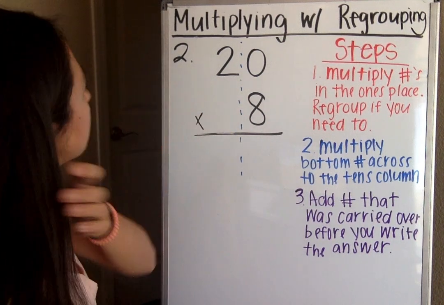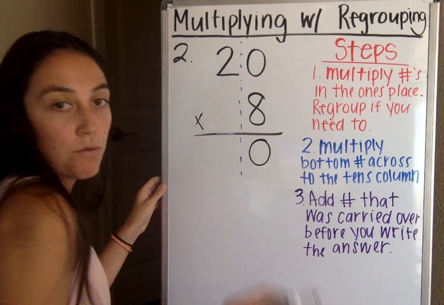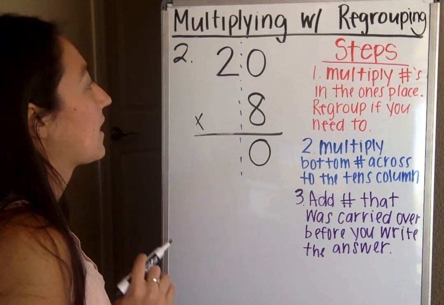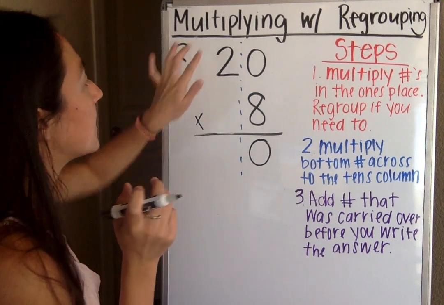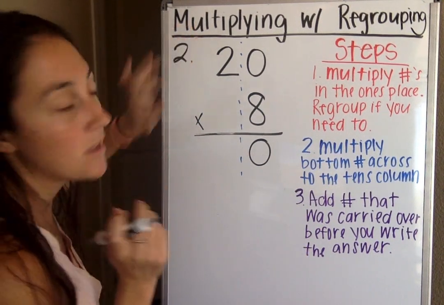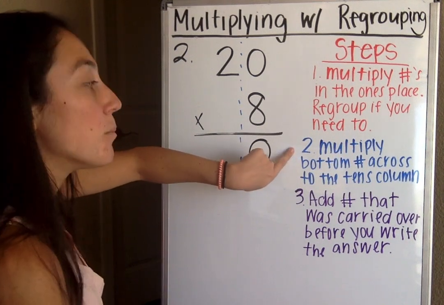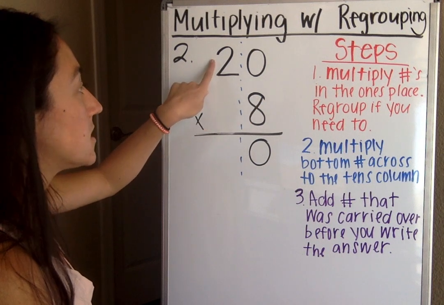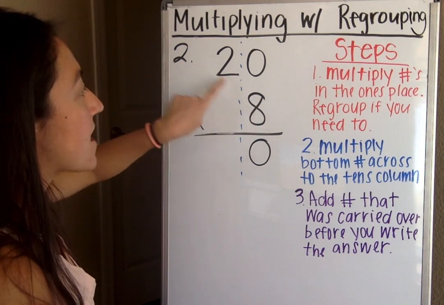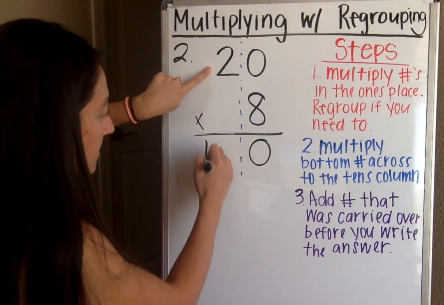Okay, 8 times 0, any number multiplied by 0 is 0. So I'm going to put that there. There is nothing for me to regroup, so I can leave up here now blank. And then I'm just going to move straight on to multiplying my bottom number across to the tens column. So 8 times 2 is 16.